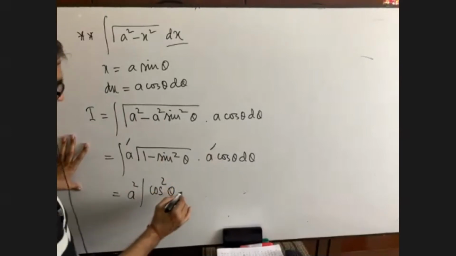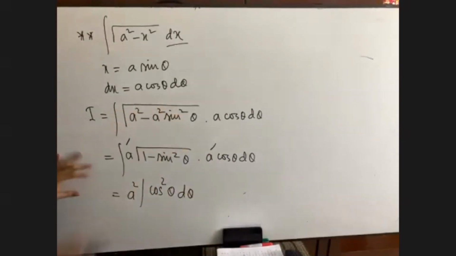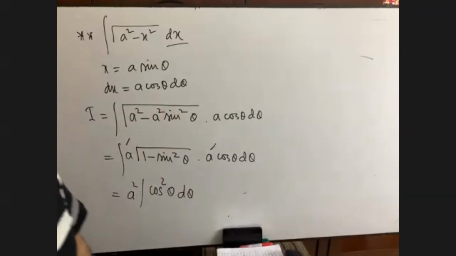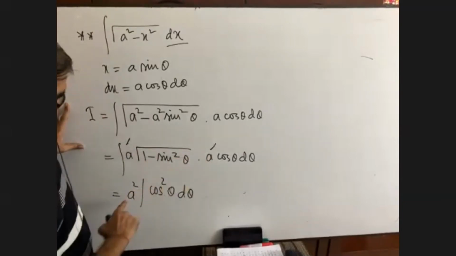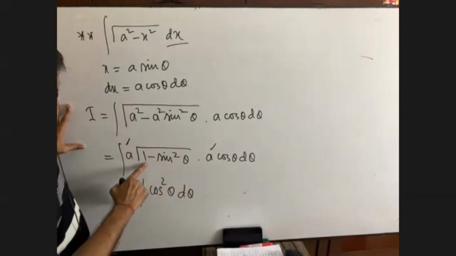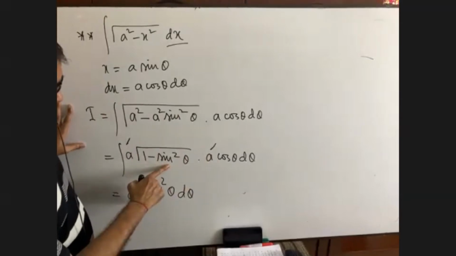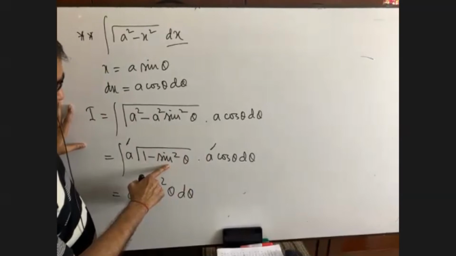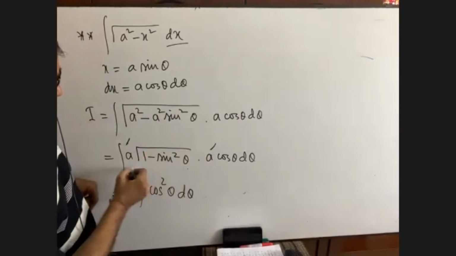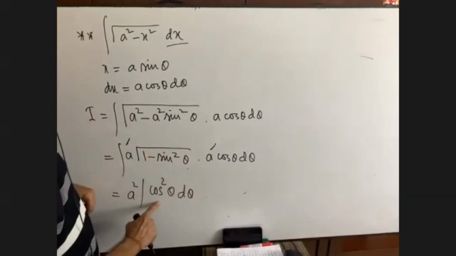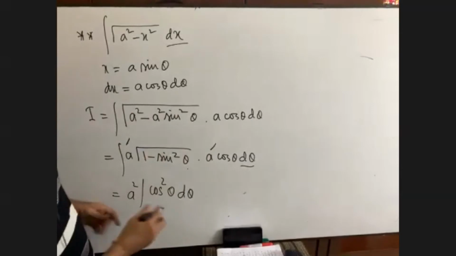So cos square theta, d theta. Will I repeat? A and A square. 1 minus sin square theta equals to cos square theta, right? That a square and root will be omitted, so only cos theta will be left here. And this cos theta will make cos square theta, and it is d theta here.